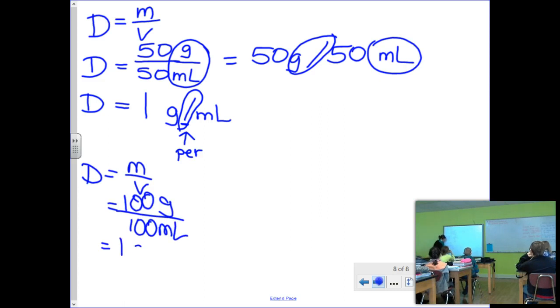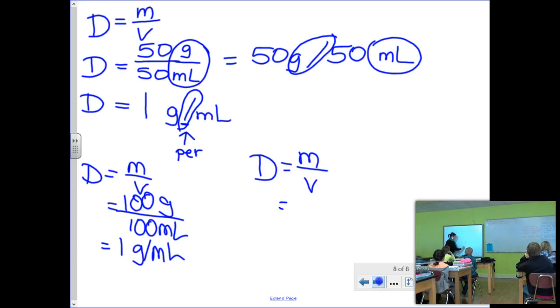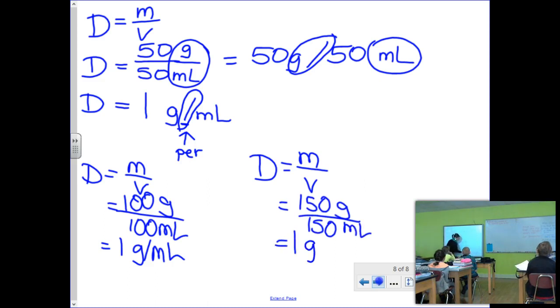Beautiful. Thank you to whoever said grams per milliliter. My last one was 150. What's 150 divided by 150? 1. Good, I heard more people saying the units. 1 gram per milliliter. What do you notice?